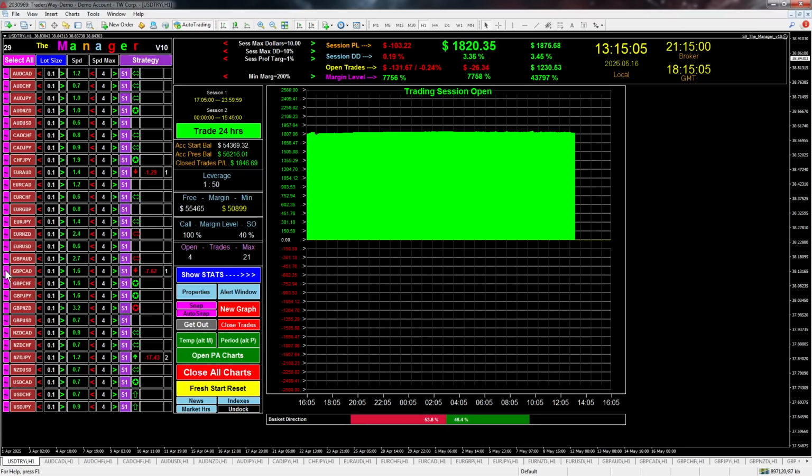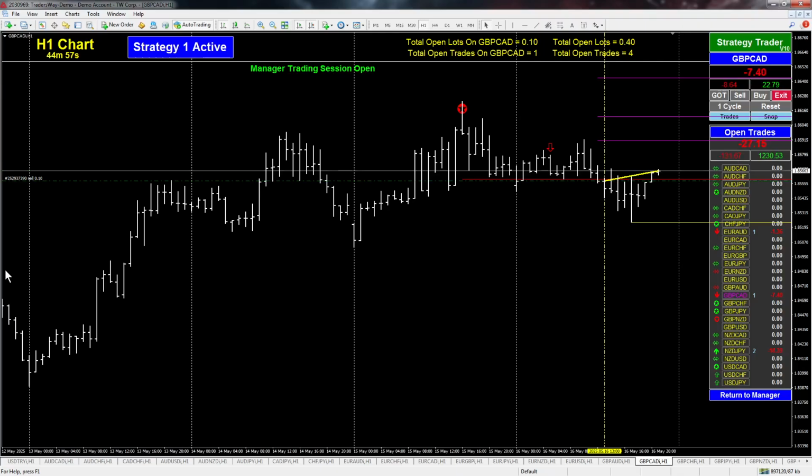Okay, so now I guess that's about everything. This just tells you what this particular pair is doing. This tells you total lots open right now is 0.4, because we're trading a 0.1 lot. So you got 0.1, 0.1, and here you got 0.2 because you got two open. So that tells you. And we got 4 open trades, which shows up with this.